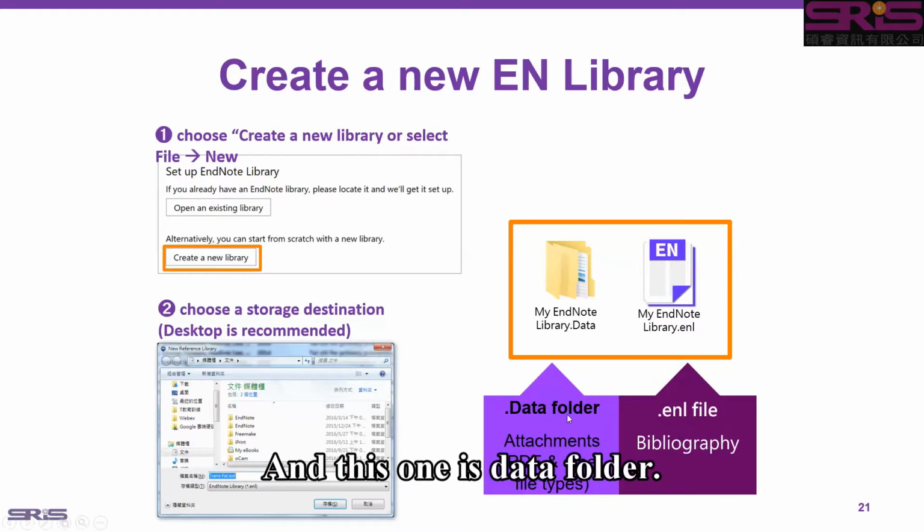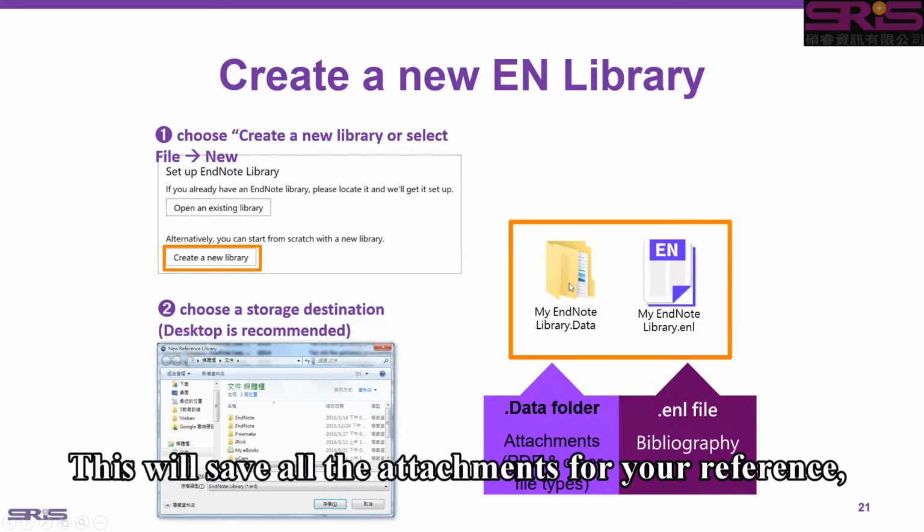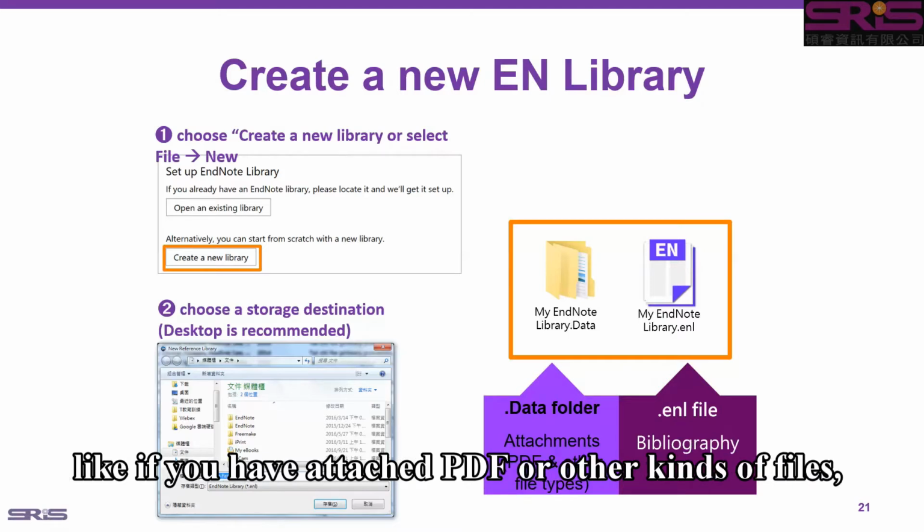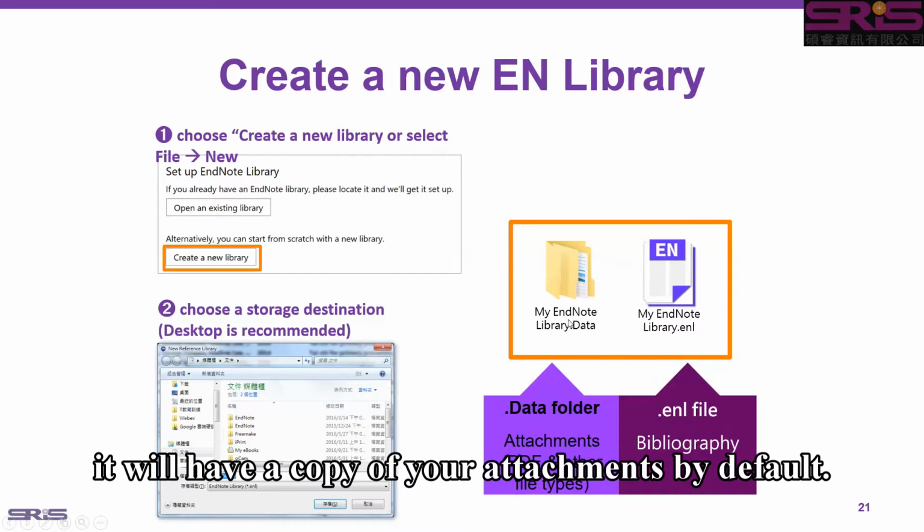And this one is the data folder. This will save all the attachments for your references. Like if you have attached PDF or other kinds of files, it will have a copy of your attachments by default.